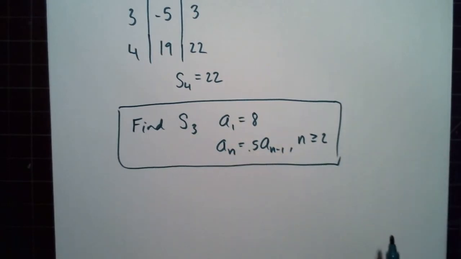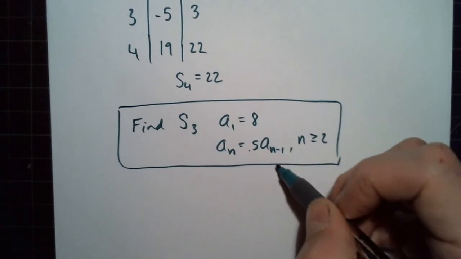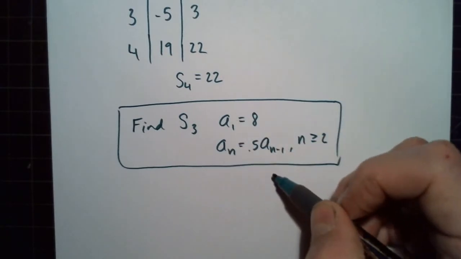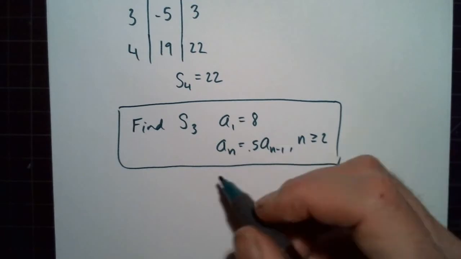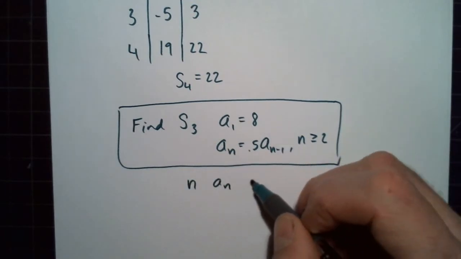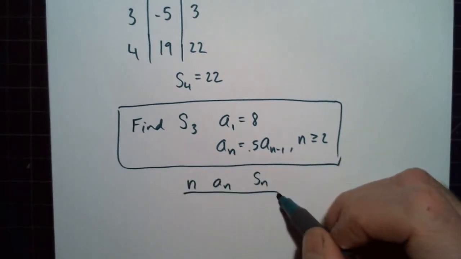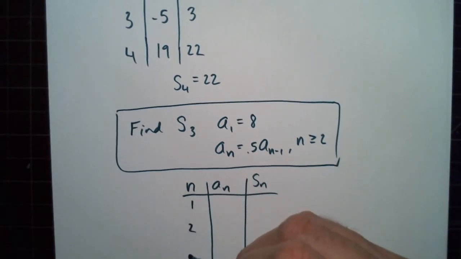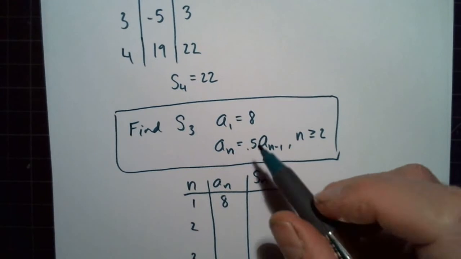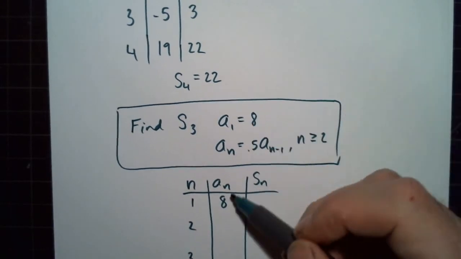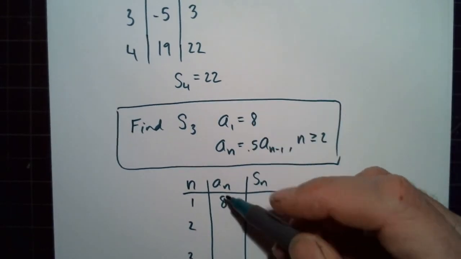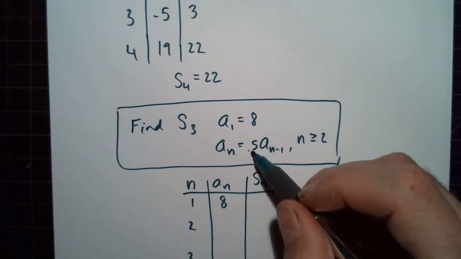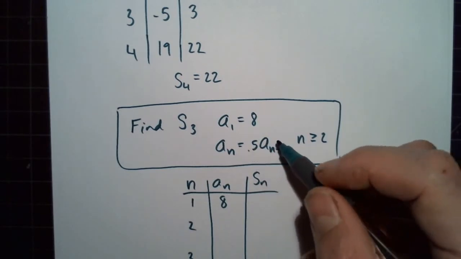So make a table and find the third partial sum. That's 0.5 times the previous term. It's a recursive formula. Pause the video and try that. The first term is 8, and the next term is going to be 0.5 times the previous term.